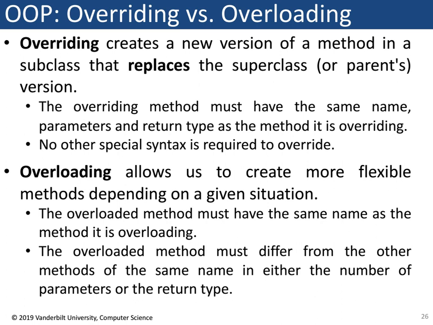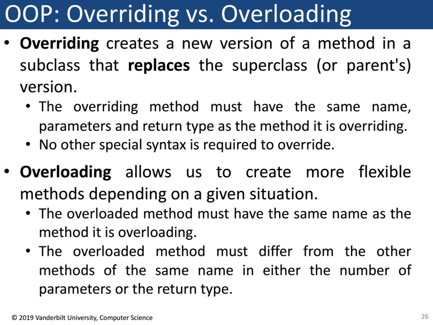Overloading is going to allow us to create more flexible methods to address more situations. Functionally, it's going to wind up with multiple methods of the same name, but different parameter lists, different parameter sets, so either different types or a different number of parameters. Alternatively, we could have the same set of parameters but a different return type.